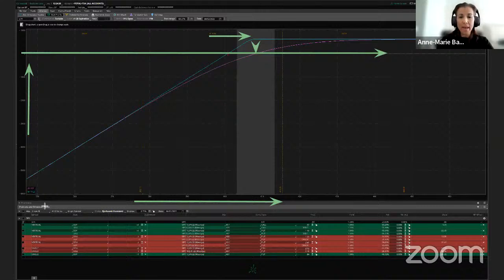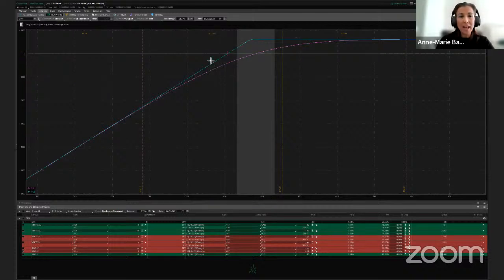So notice, again, if we sell the put, then what happens to our profit? And let me clear all the drawings. If we sell the put and price goes down, we lose money, right? The moment that it gets below this line, we're losing money.